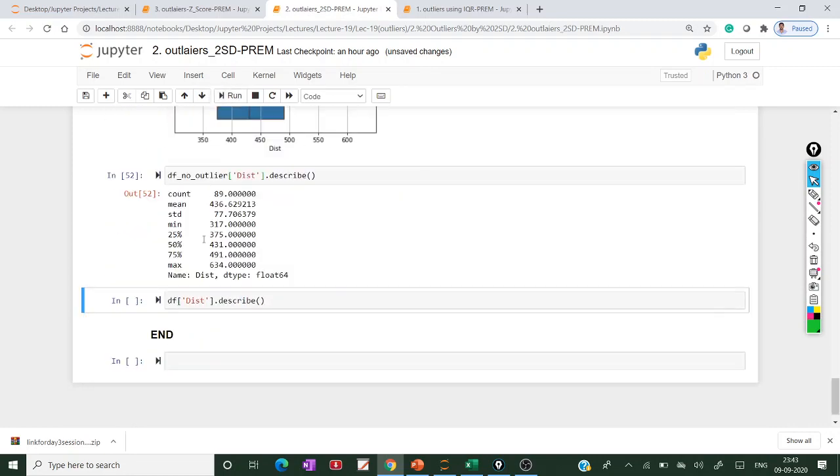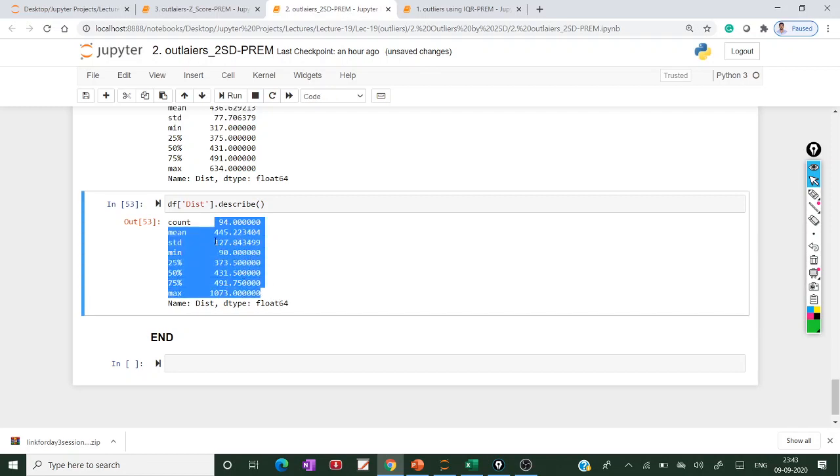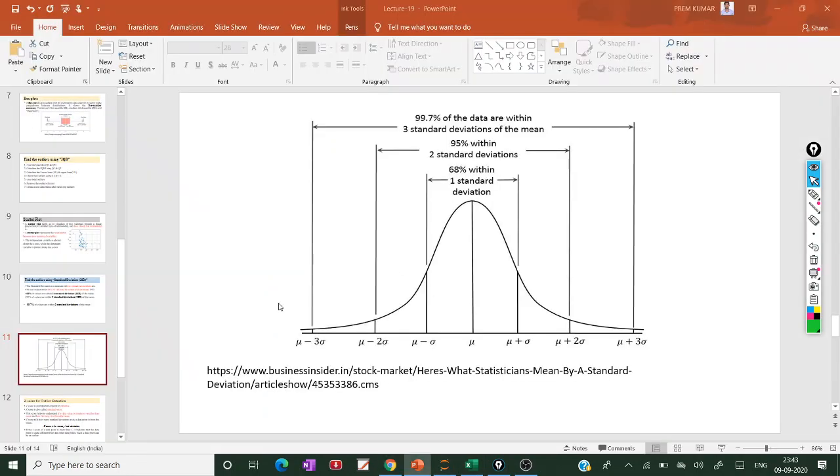If you observe here, this is the result before dropping the outliers, and this is the result after dropping the outliers. So this is the concept behind the standard deviation for identifying the outliers.